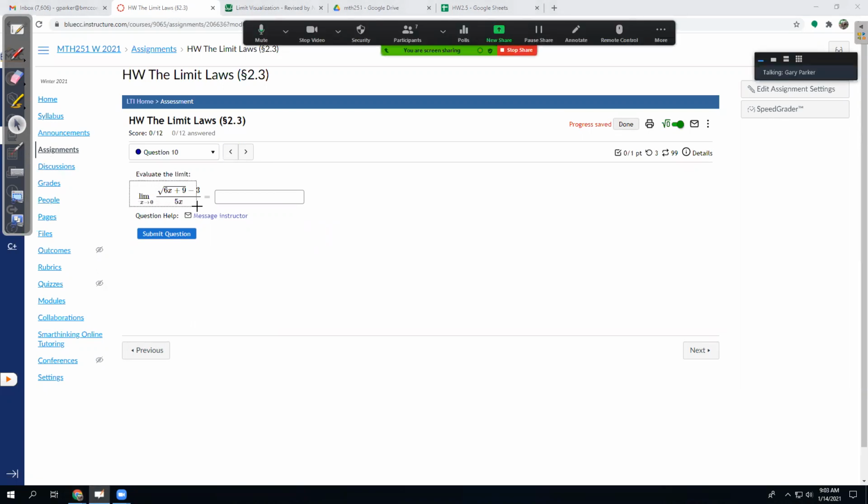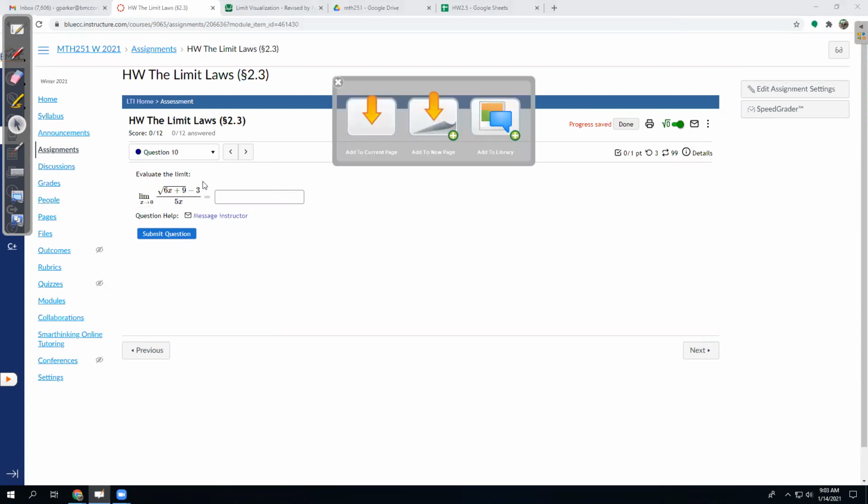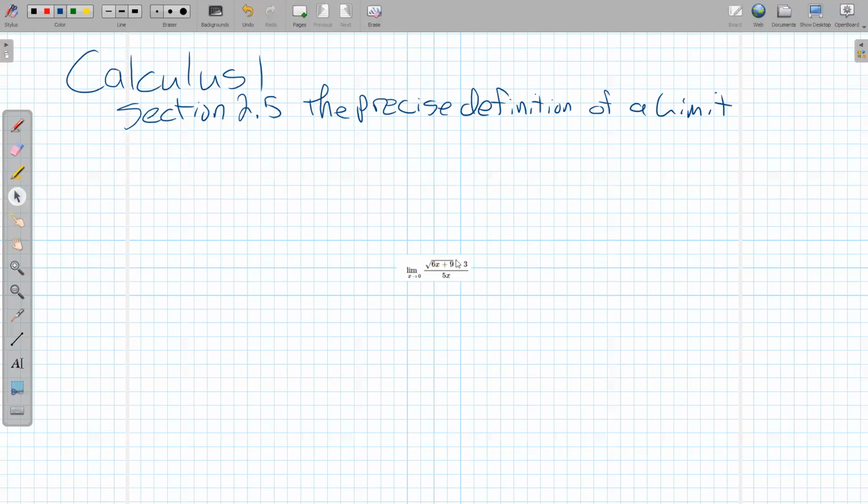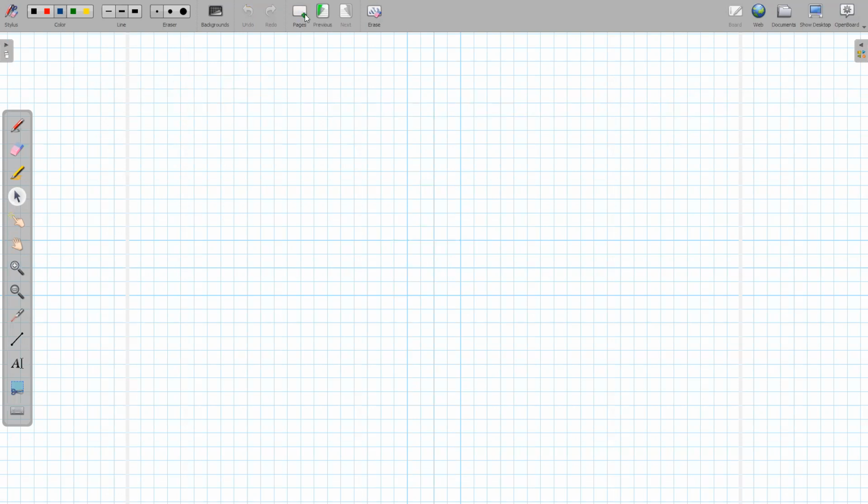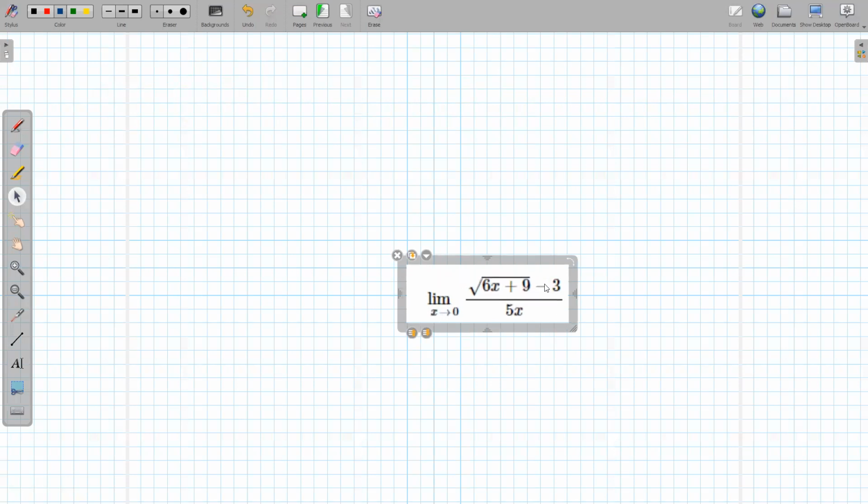So the trick when you have a radical plus or minus something is to apply the conjugate to clean up the fraction. And let's see, that needs to go on a new page and be a wee bit bigger. There we go.